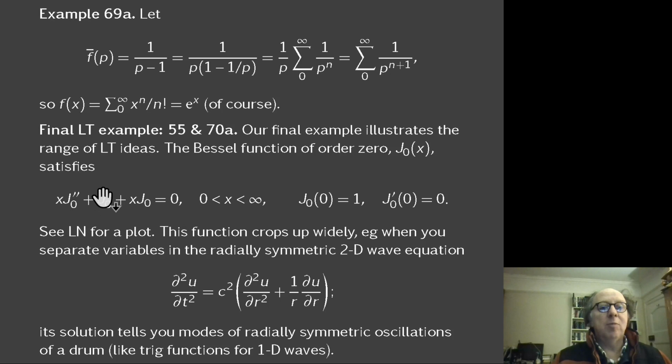Now, if you didn't have that term in the middle, if you didn't have the J0 prime, you could cancel the x and you would have simple harmonic motion. So if you imagine now dividing by x, you would have simple harmonic motion, J0 double prime plus J0 plus J0 prime over x. This is looking a little bit like a damping term, but the damping term depends on position because there would be a 1 over x here.